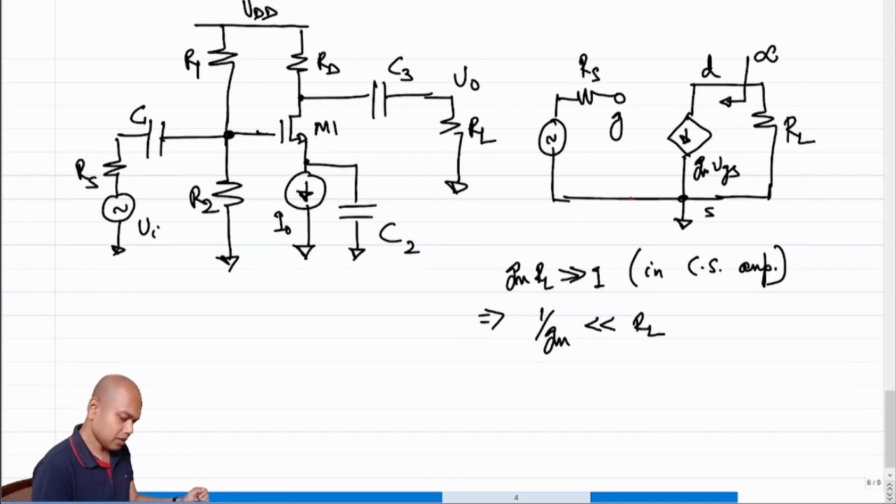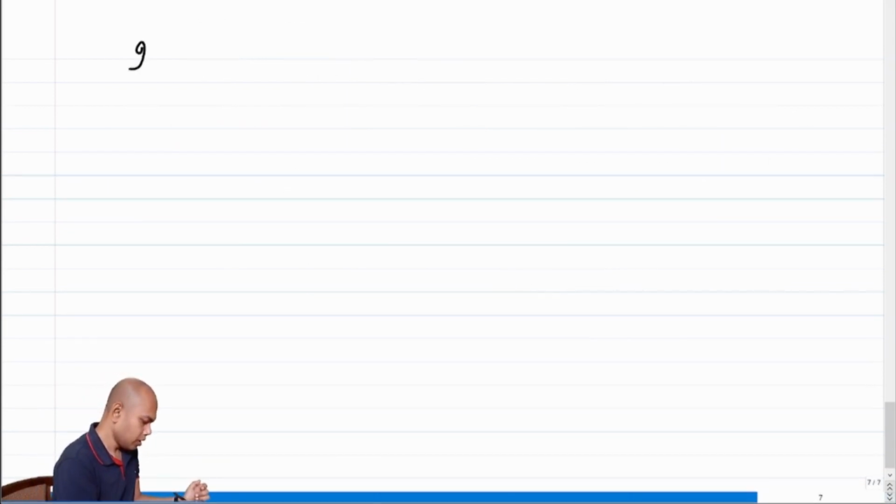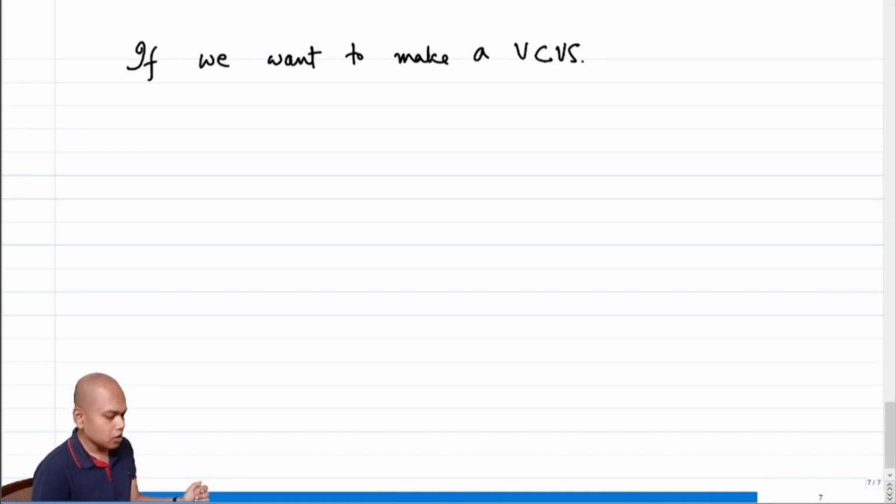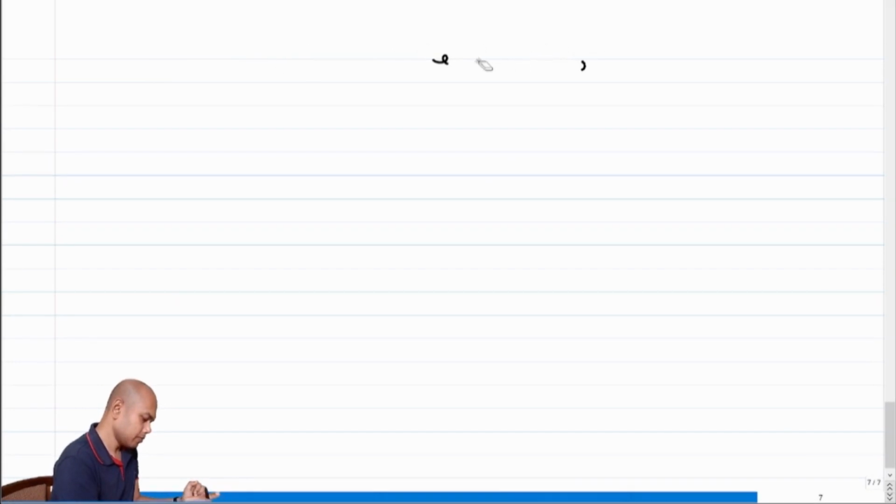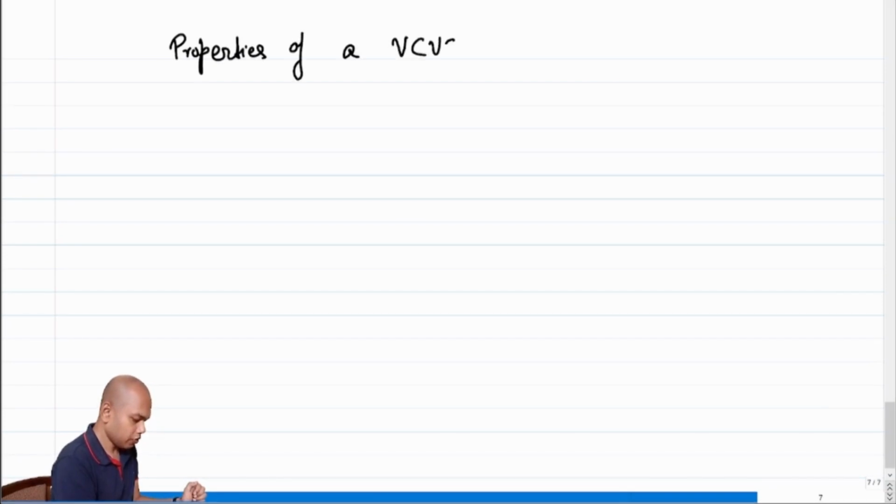What I am trying to say is, let's say you want to create a voltage controlled voltage source, right? If we want to make a voltage controlled voltage source, what are the properties that we should be bothered about? So what are the properties of a voltage controlled voltage source?